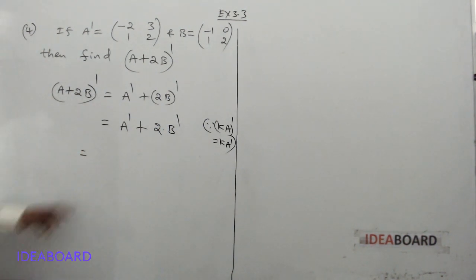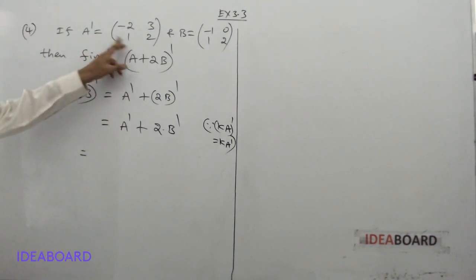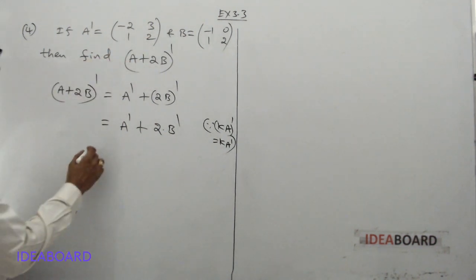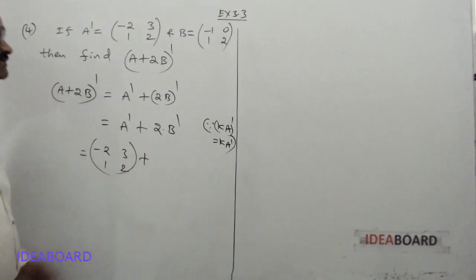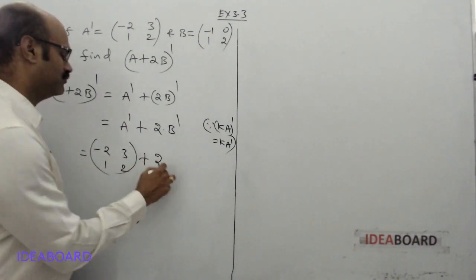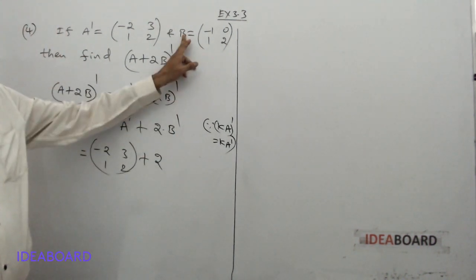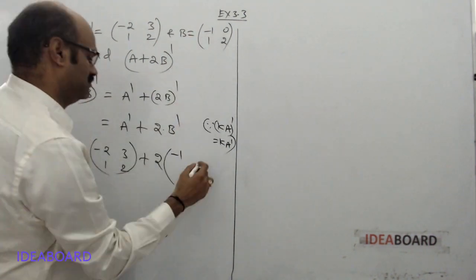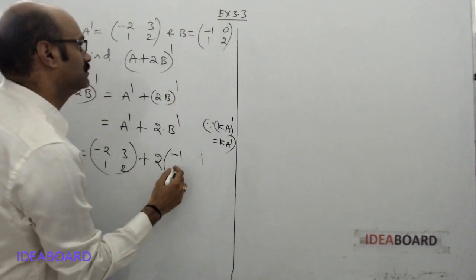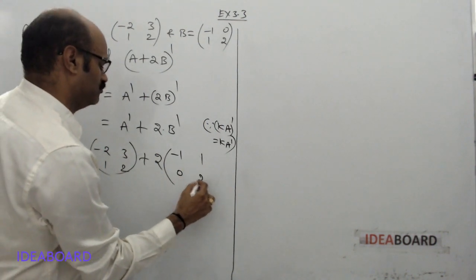We have A transpose equal to minus 2, 3, 1, 2 plus 2 into B transpose. The matrix B is this one. B transpose equal to minus 1, 1, 0, 2.